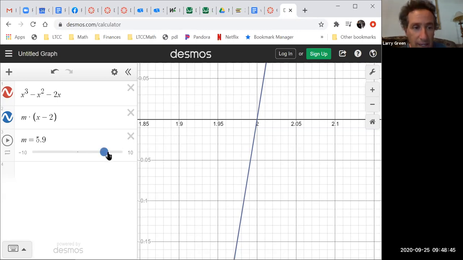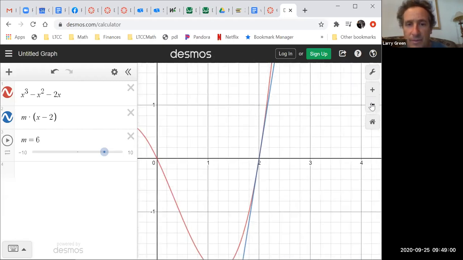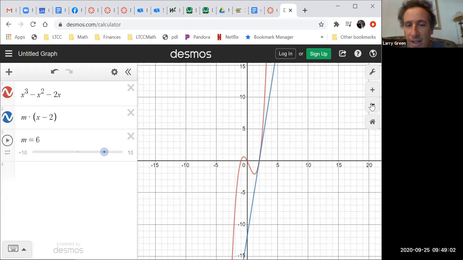I could even move it a little more. And again, it's hard to get perfect. But if you want to round, maybe we'll round to 6 and see if that works. Now if I zoom out again, does that look like it's tangent to the curve at the point? It looks pretty good, doesn't it? So again, this is an eyeball.